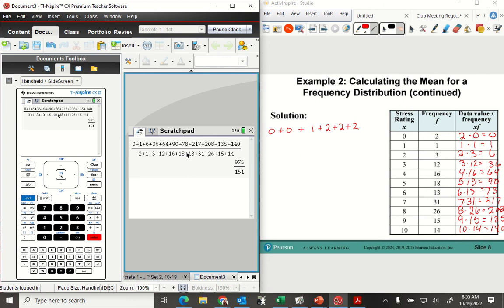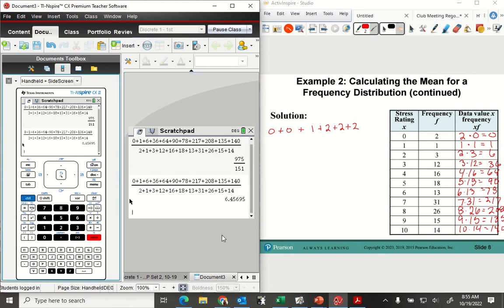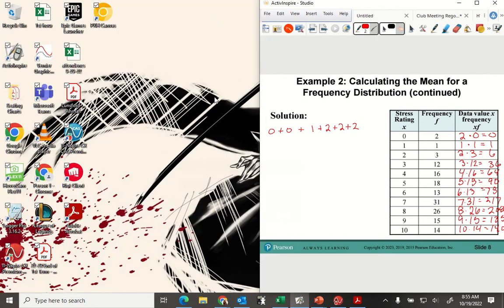And now if I want the actual number, control enter. It's going to be 6.46. Okay. Let's say the mean is going to be about 6.46.